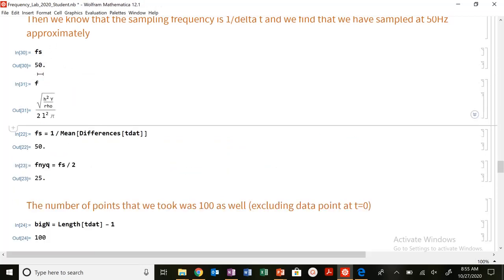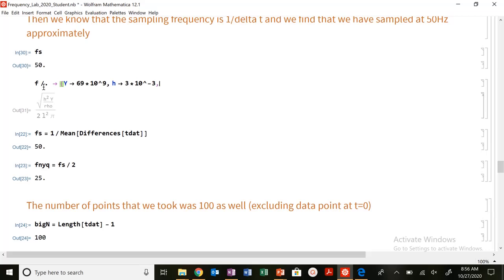This is my f equation. We're supposed to use slash dot here. Y goes to 69 times 10 to the 9. I know that my h in this experiment is equal to 3 millimeters, so 3 times 10 to the minus 3.